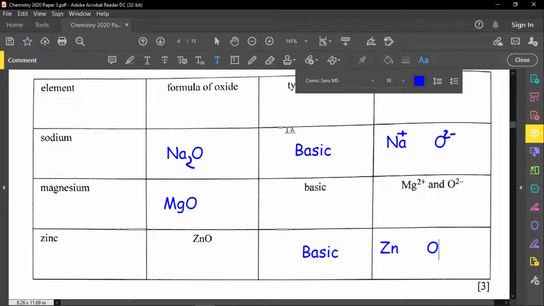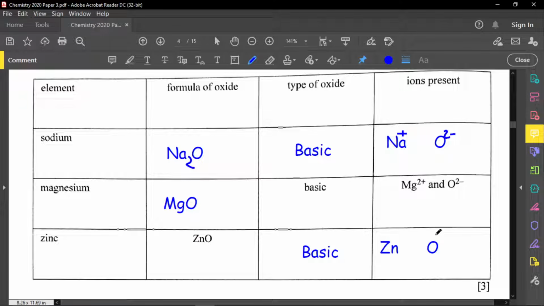We know that the charge on oxygen is 2 minus, right? And if the charge on oxygen is 2 minus, then the charge on zinc has to be 2 plus, sorry, it has to be a valency of 2. Why? Because 2 minus and 2 plus will cancel out each other to give you 1 atom of each element. So it will be the same value of charge, but opposite charges.